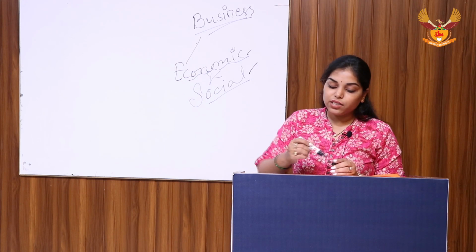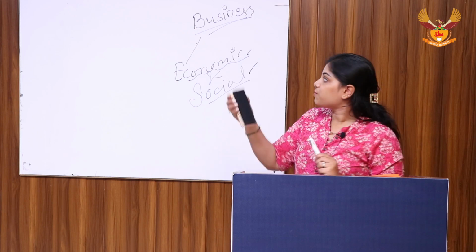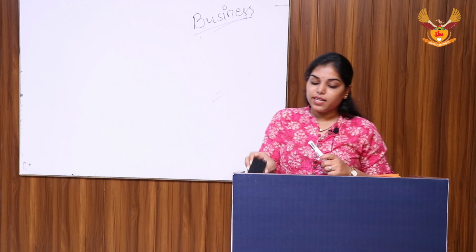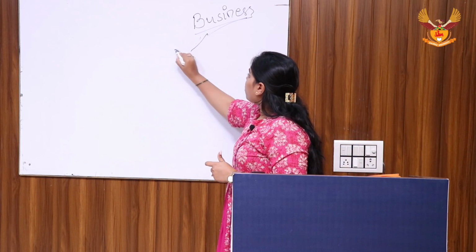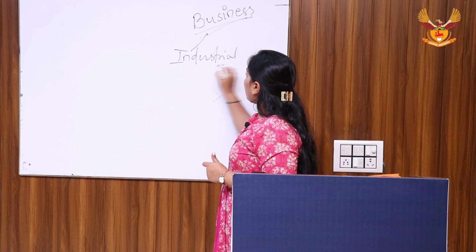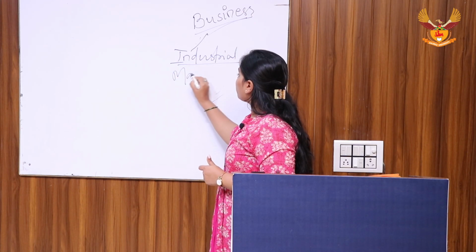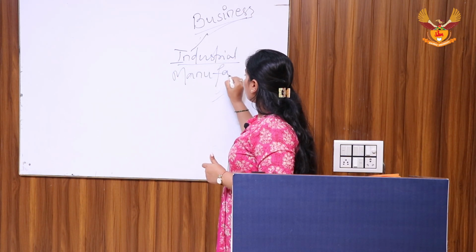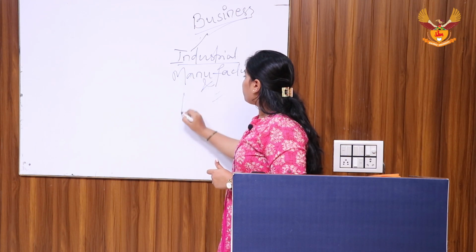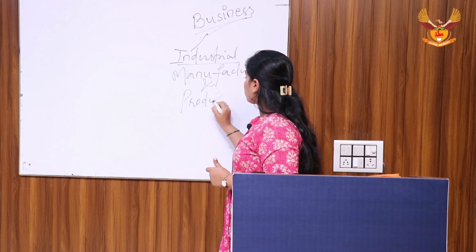Now business activities are classified into two different types. One is industrial and the second one is commercial. Now industrial activities are all about manufacturing and producing goods.